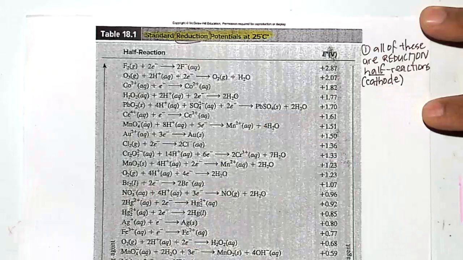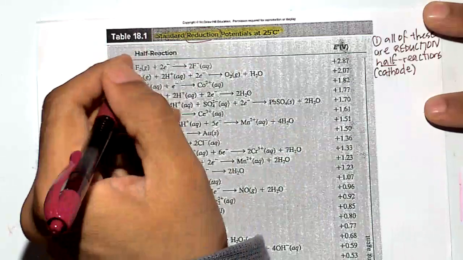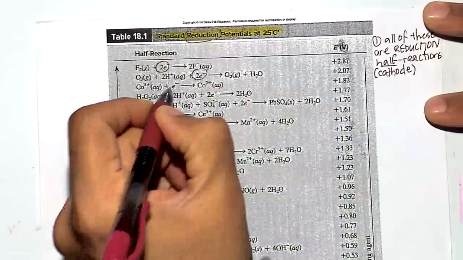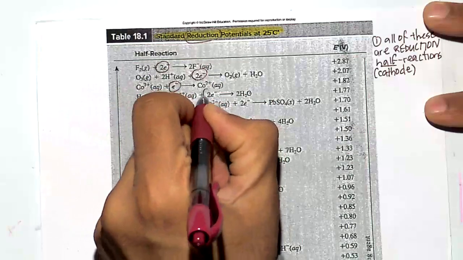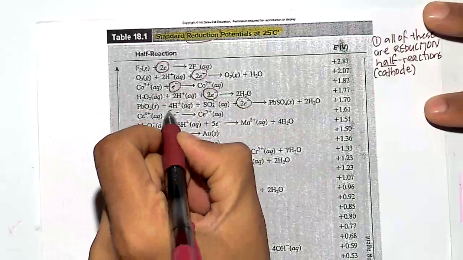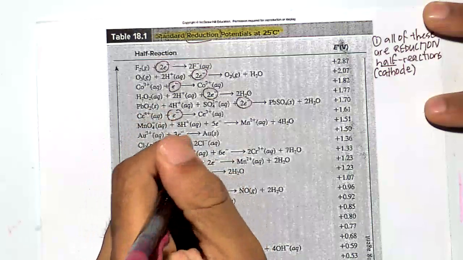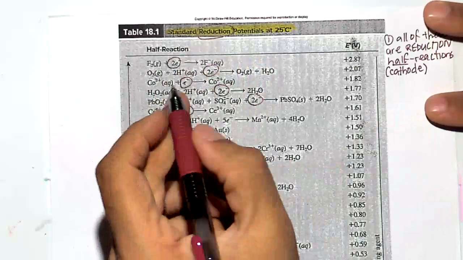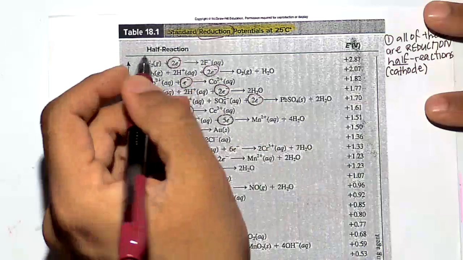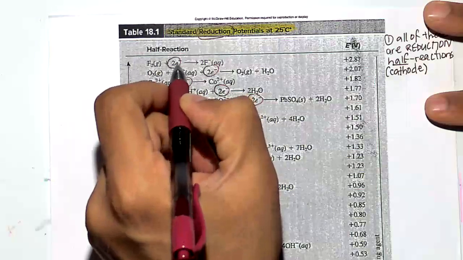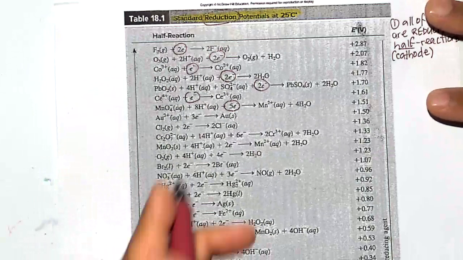In a reduction half reaction, where are the electrons? Are they on the reactant side or the product side? Reactant side. You can see here, let's take a look at this first example. F2 gas gains 2 electrons.